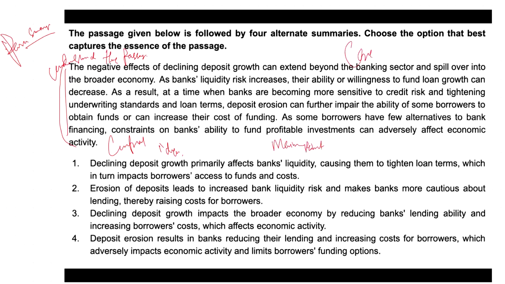So, you can ask yourself, what is the author trying to convey, or present in the fewest words possible? Then, after this, you can analyze each and every option which is given below. You will be presented with four different summaries, and one of them will be the most logical and accurate representation of the passage.